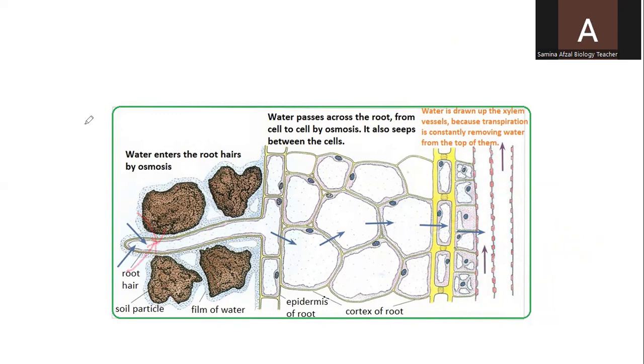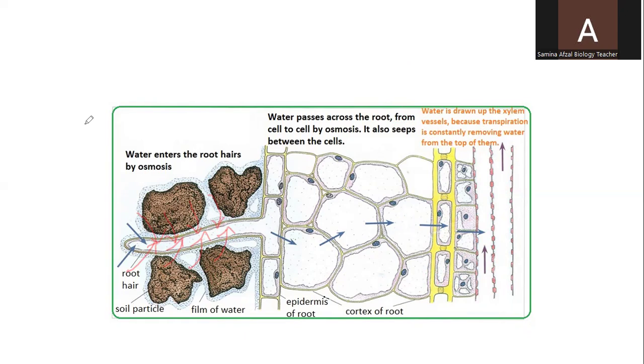In soil, water potential is high. So the water potential is low inside the root hair cell. So water enters through root hair cells because it is very long. So large surface area is there. So more water enters into the root hair cells.